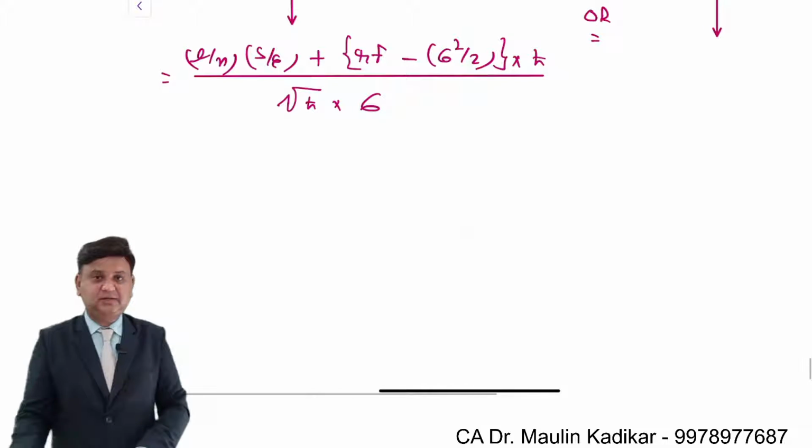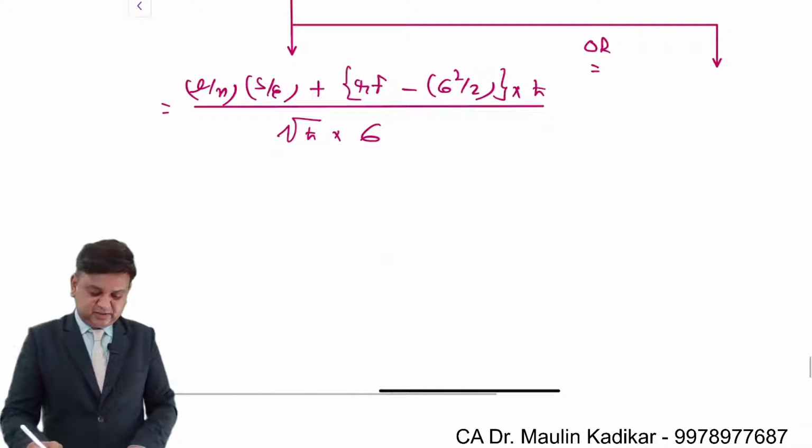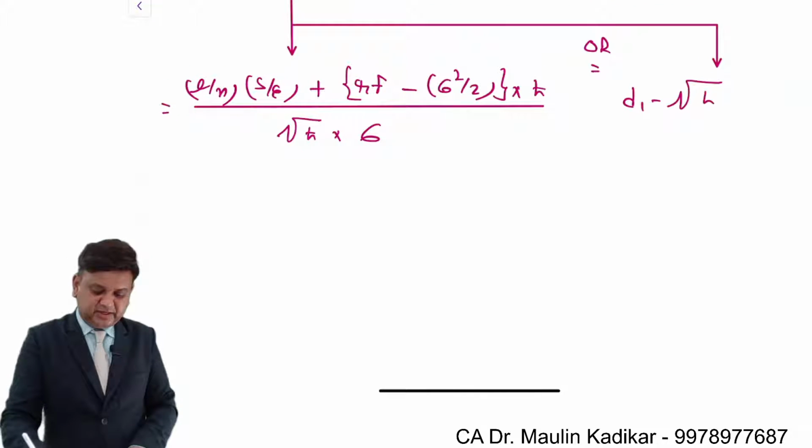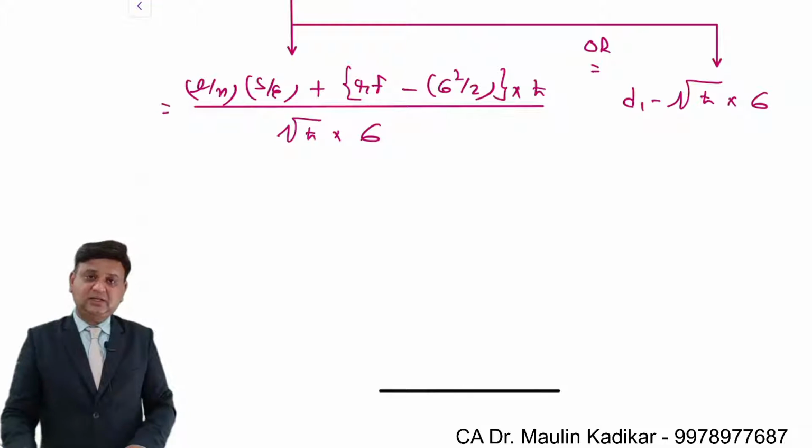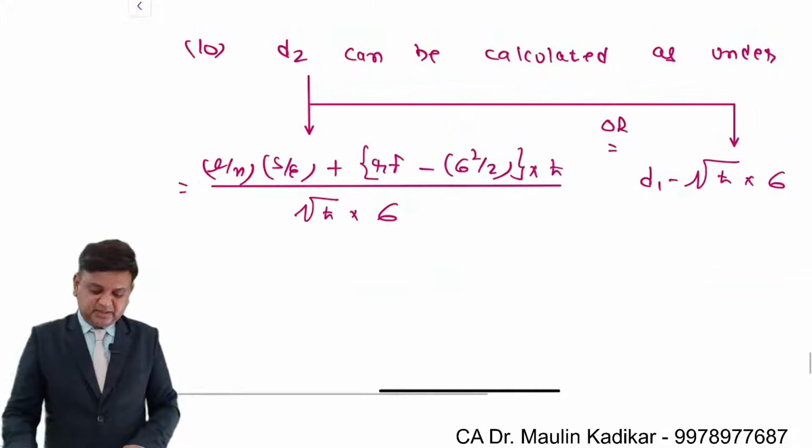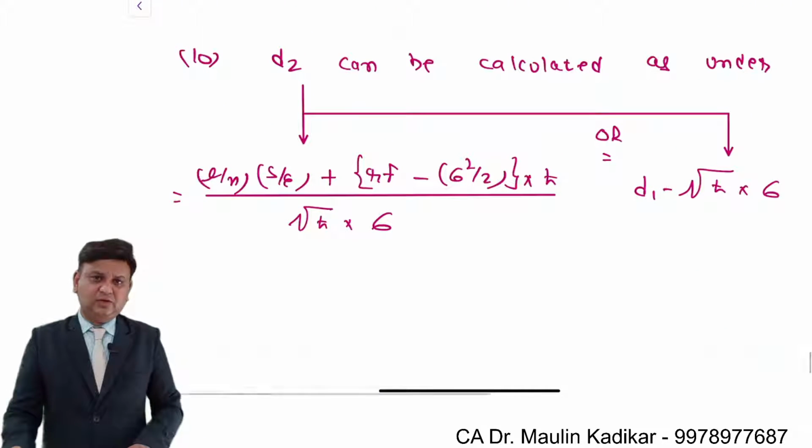Or otherwise, we can get the answer with another method: D1 minus under root of T into standard deviation. That is the other formula. Either of these ways you can compute the answer.